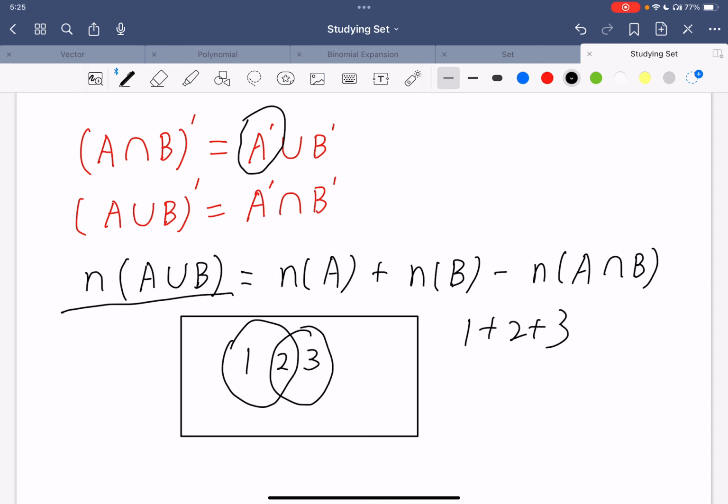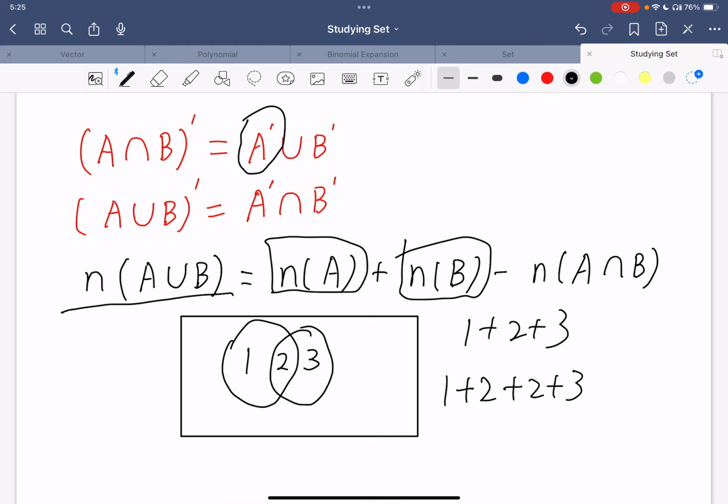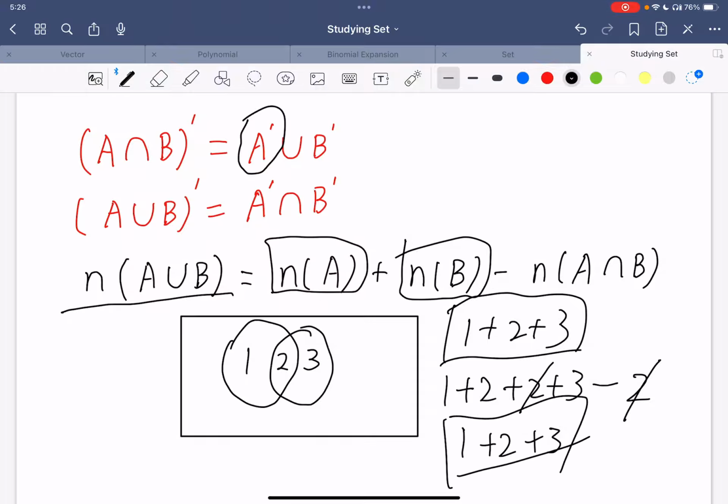The number of A equals 1 plus 2. The number of B equals 2 plus 3. And you can discover that the number 2 part has been calculated twice. So in the end, we minus the number of the intersection, that is number 2. We cancel one number 2, which equals 1 plus 2 plus 3. So the left-hand side equals the right-hand side, okay?